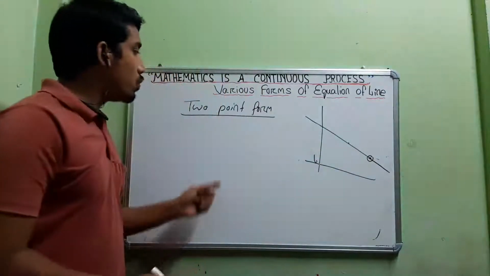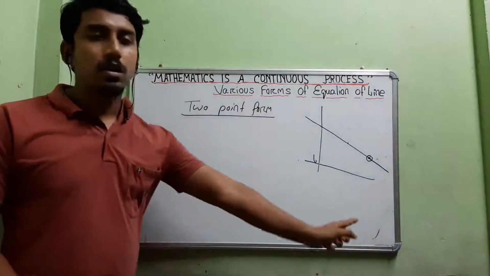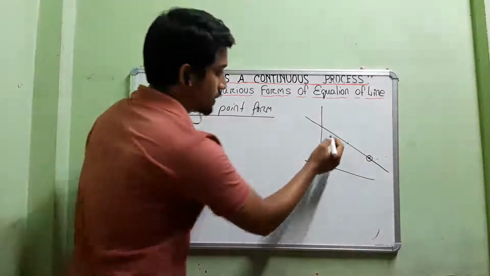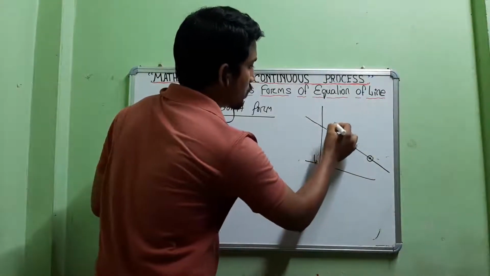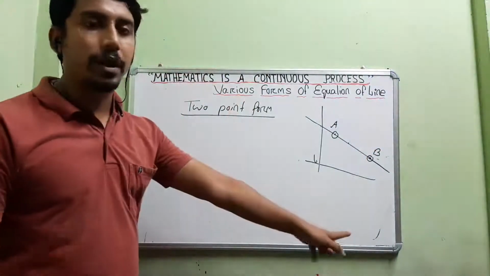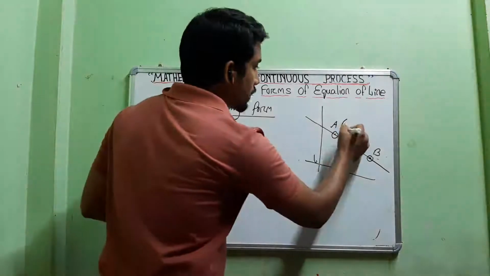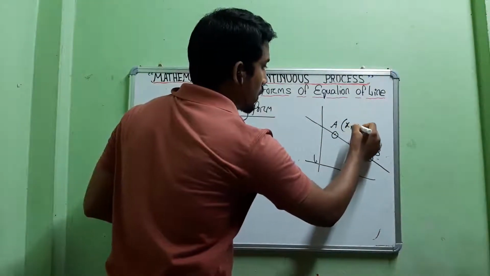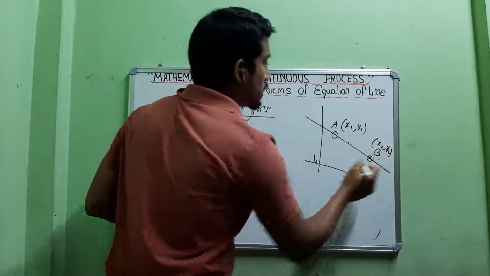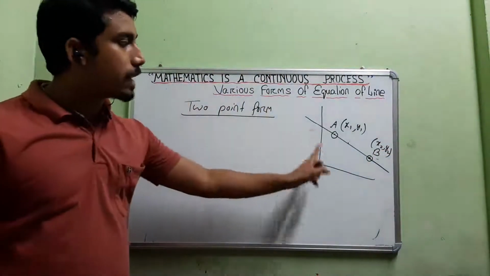But we know any 2 points on the line, or we can say the line is passing through any 2 points. Suppose one point is A and another point is B. Suppose the coordinates of A are x1 comma y1 and the coordinates of B are x2 comma y2. So the straight line is passing through 2 points A and B.